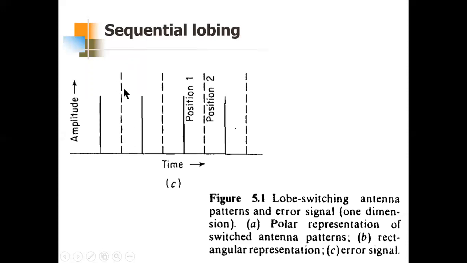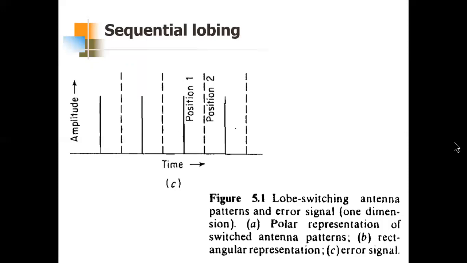You can see the dashed ones have higher amplitude. The y-axis is amplitude, the x-axis is t: T1, T2, T3, T4, T5, T6. This is only one angle coordinate, and the same beam keeps switching between two positions all the time. You can see position 2 always has higher amplitude. So we conclude that the target is closer to the second location of the switched beam.